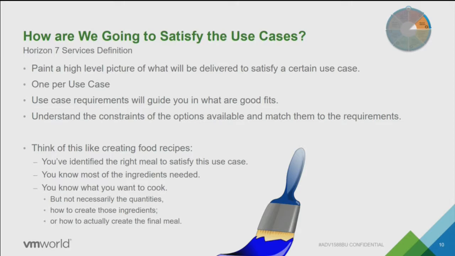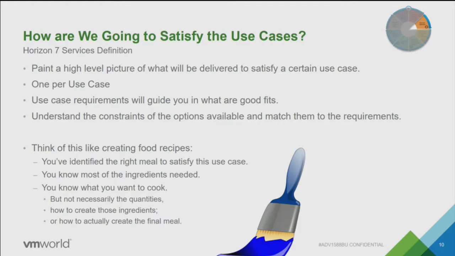So imagine you're running a restaurant and you've identified a use case of, this use case wants spaghetti bolognese. I can draw a picture of spaghetti bolognese. I know it's got pasta in it, and it's got mince, and it's got sauce and stuff like that. I have no idea how to make spaghetti bolognese. I'm a terrible cook. Right? I also have no idea how to make the factory, the kitchen, that's going to be required to do that, or the restaurant to serve the meal.